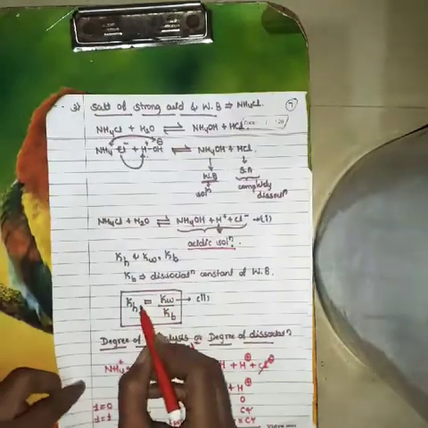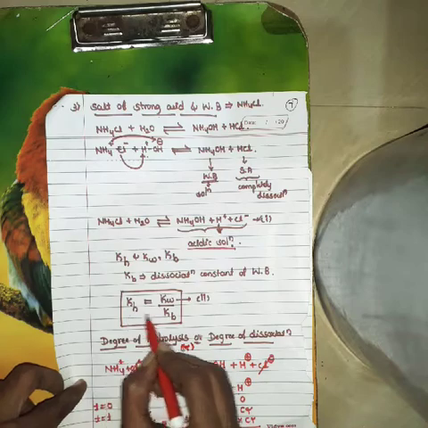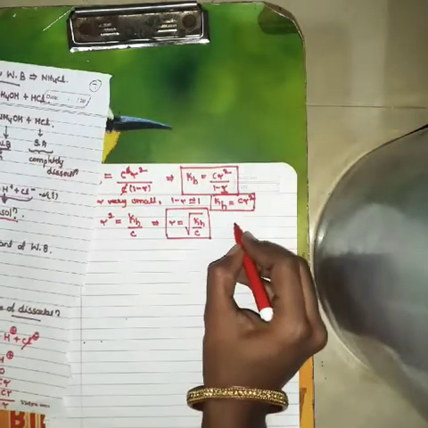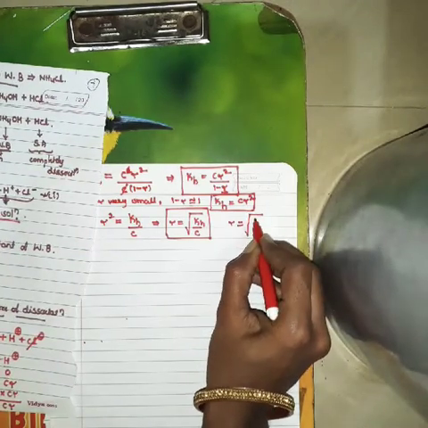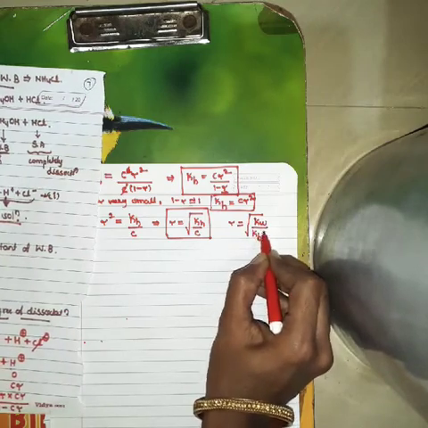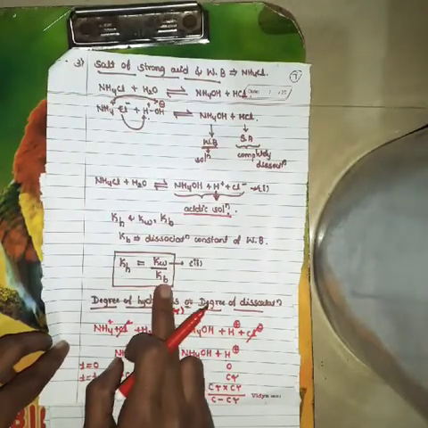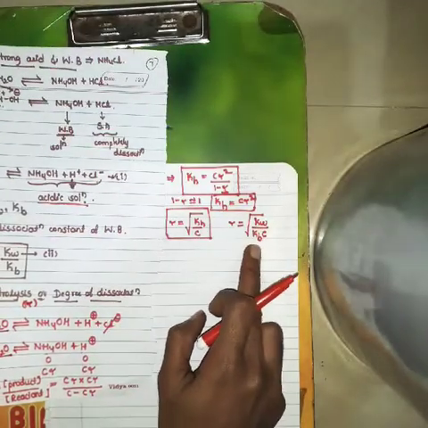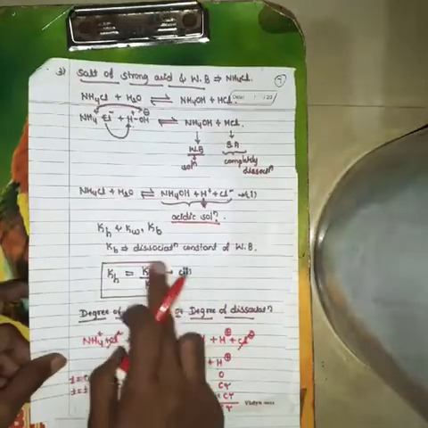In our previous step we found the expression for Kh: Kh is equal to Kw by Kb. Therefore we substitute here: alpha is equal to the square root of Kw divided by Kb into C. In place of Kh we substitute this expression.